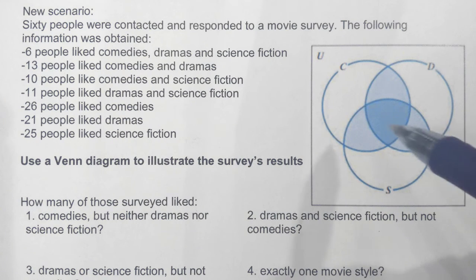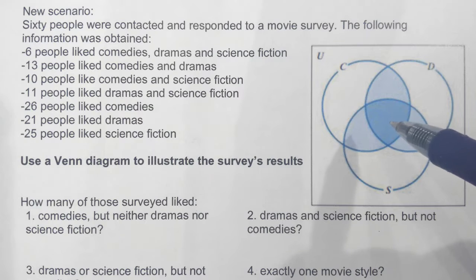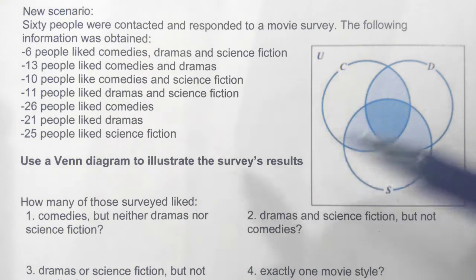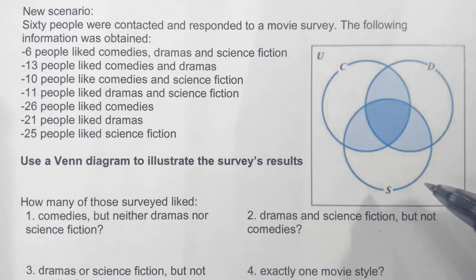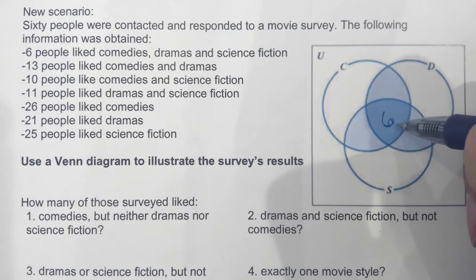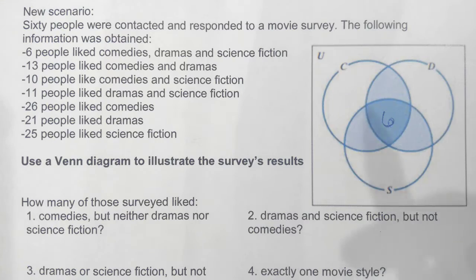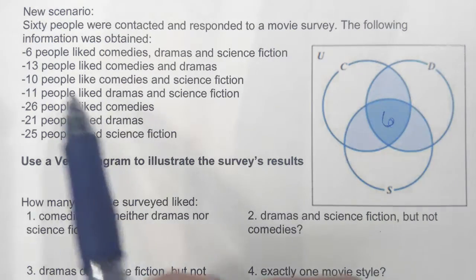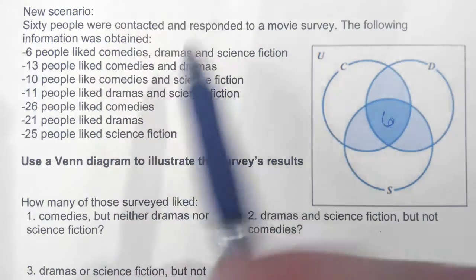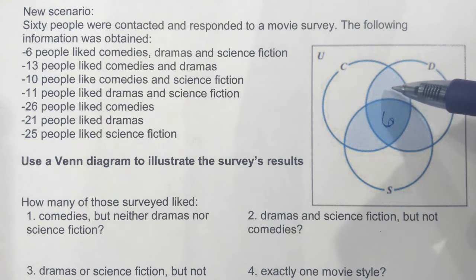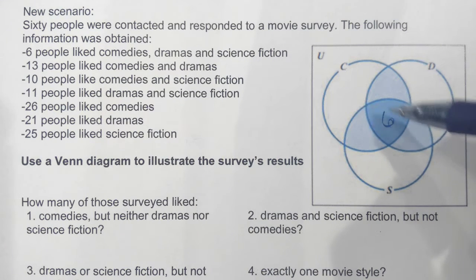So with this, you want to start from the innermost region, just like the other day, and work your way out. C for comedies, D for dramas, S for science fiction. There are 6 of them that liked all 3. There are 13 people that liked comedies and dramas. Now, that doesn't mean there are 13 here, because 6 of them are already counted.